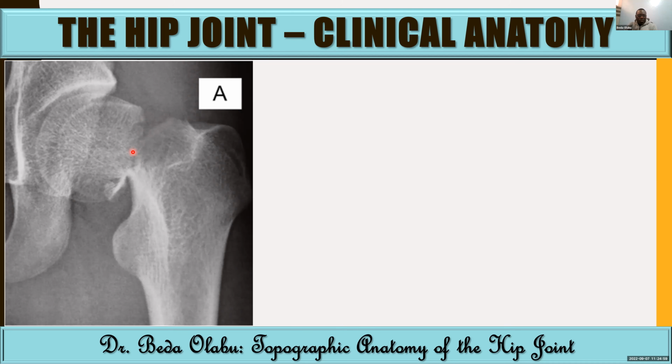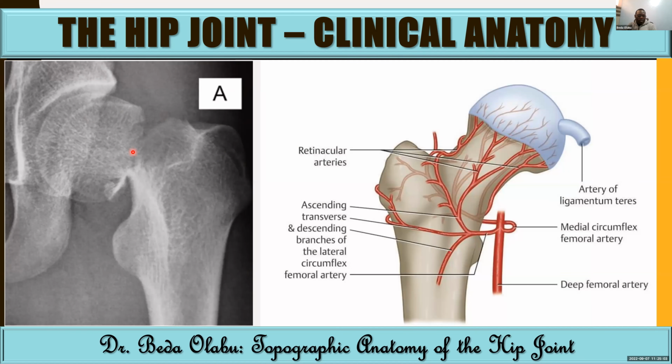When there is fracture of the femoral neck, the retinacular fibers and the retinacular vessels are at risk. If you have a fracture with dislocation, there's a risk of injury severing the retinacular arteries that supply the head of femur.